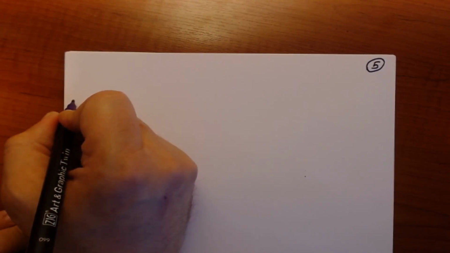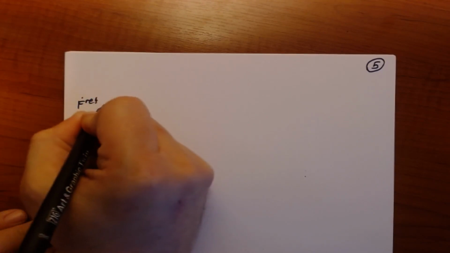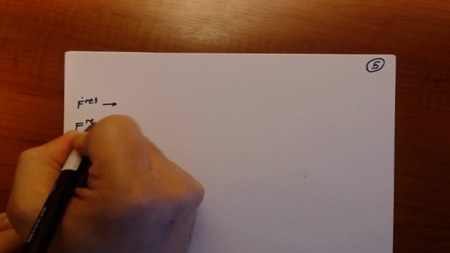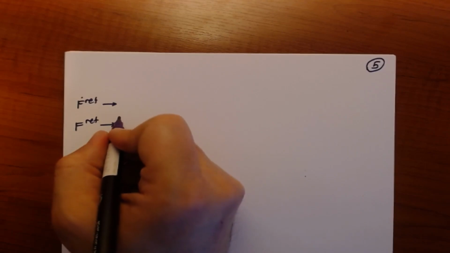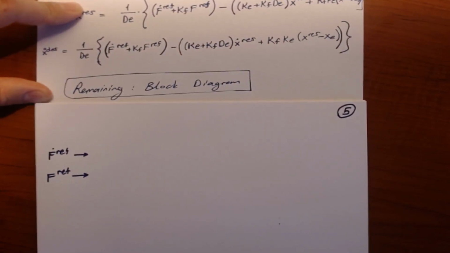So we are on the 5th page of our derivation. We will carry out a similar pattern and we will write here basically f dot reference and f reference. Let me bring the derivation here, so it will be easier to create the block diagram with the derivation for all of you.